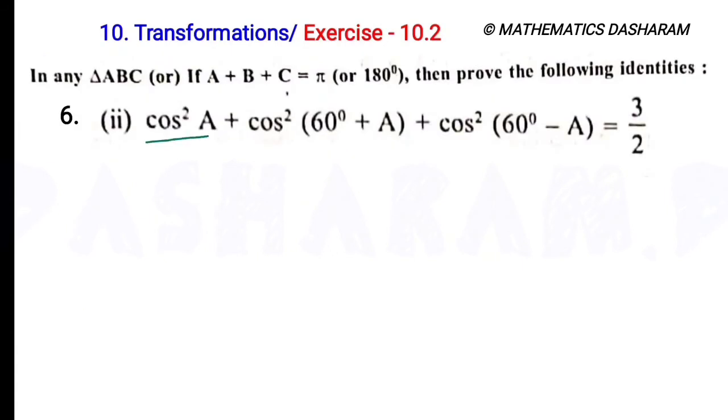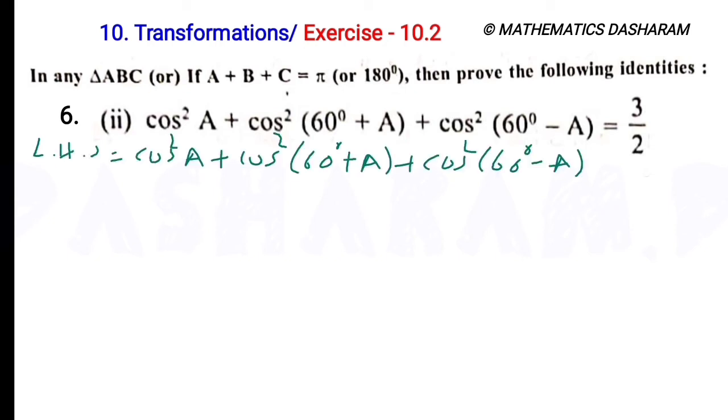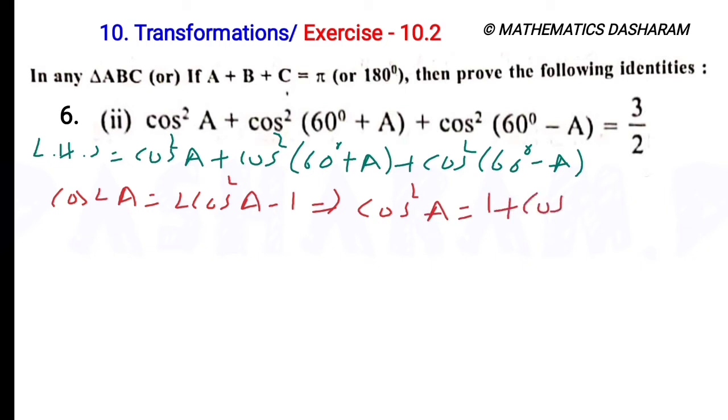Second question: cos²A + cos²(60+A) + cos²(60−A) = 3/2. Let's take the LHS. Here cos 2A equals 2 cos²A − 1. From this, cos²A equals (1 + cos 2A)/2.